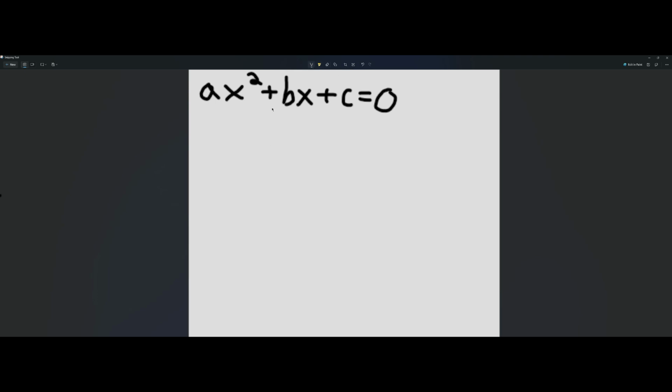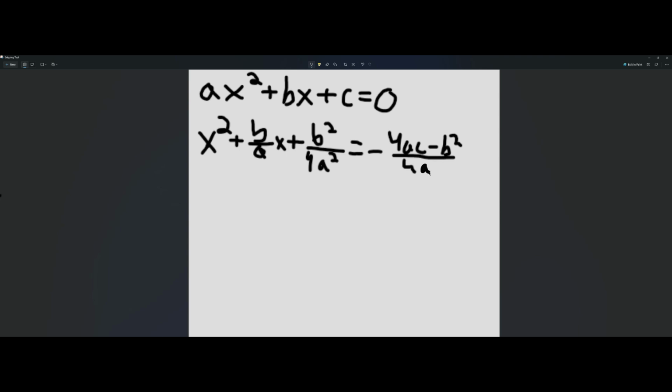So now we have x squared plus b over a x plus b squared over 4a squared is equal to the negative, right, of 4ac minus b squared over 4a squared.